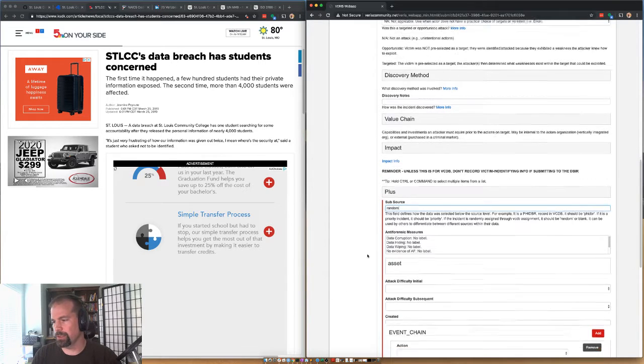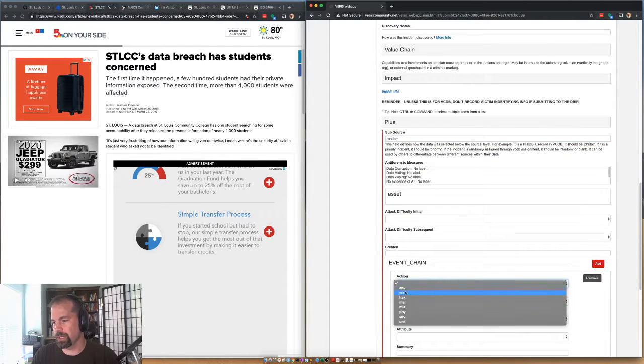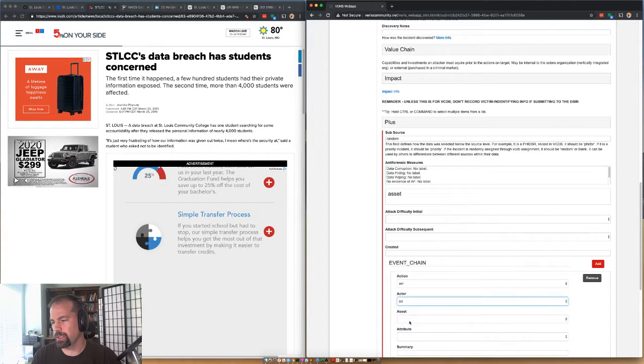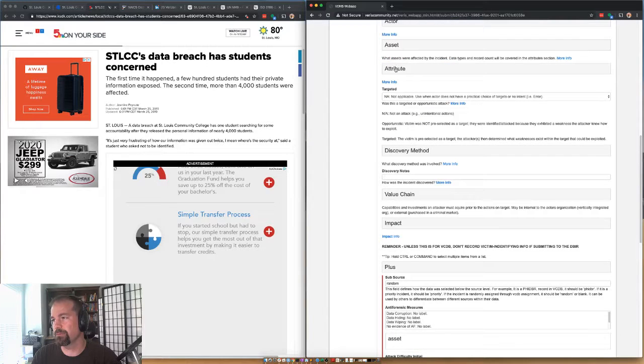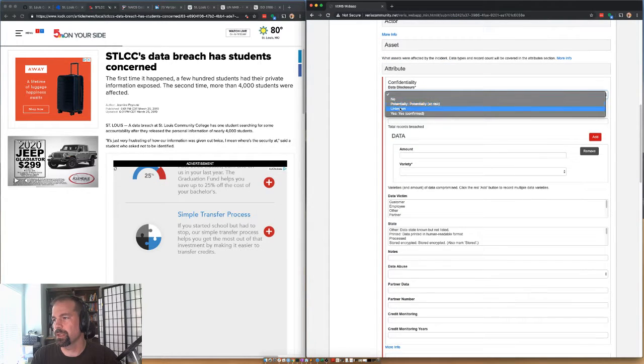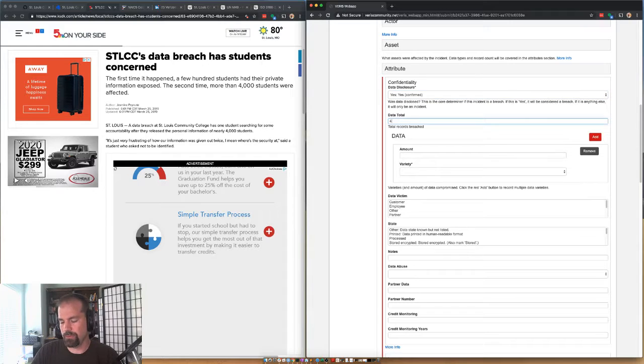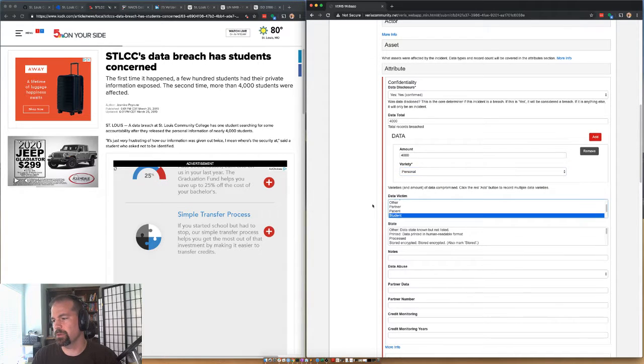Randomly assigned. Event chain, an error, an internal actor led to, on a server, led to a breach of confidentiality, and we forgot attribute. So we need yes. Data 4,000 records, 4,000 records of personal information of a student.